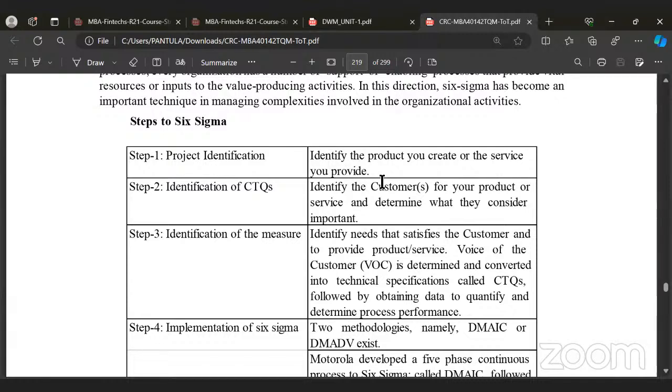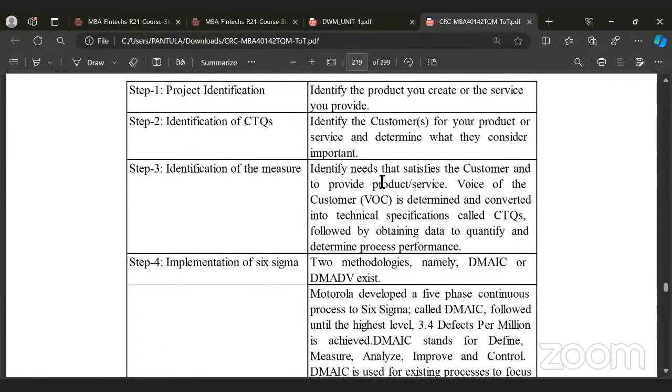Identify customers of your product or service and determine what they consider important. Now identifying measurements: identify needs to satisfy the customers, and convert them into technical specifications called CTQs, followed by obtaining data and quantifying.